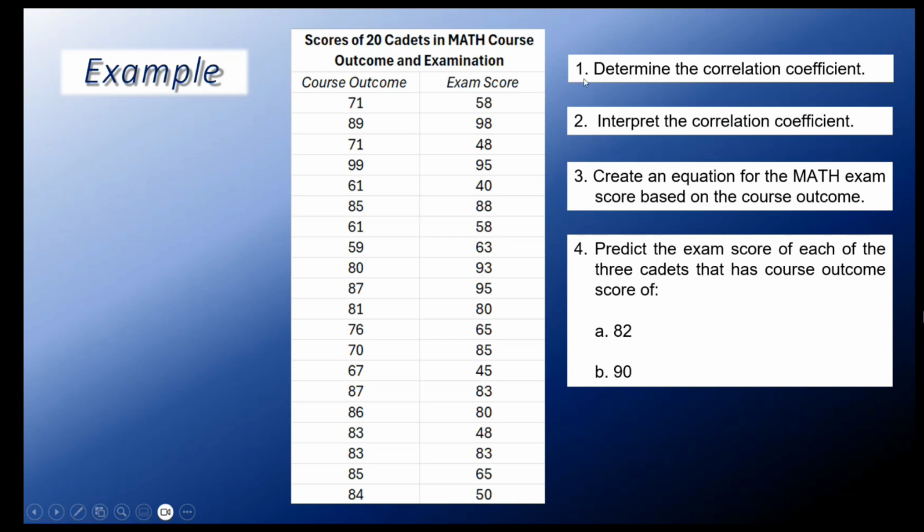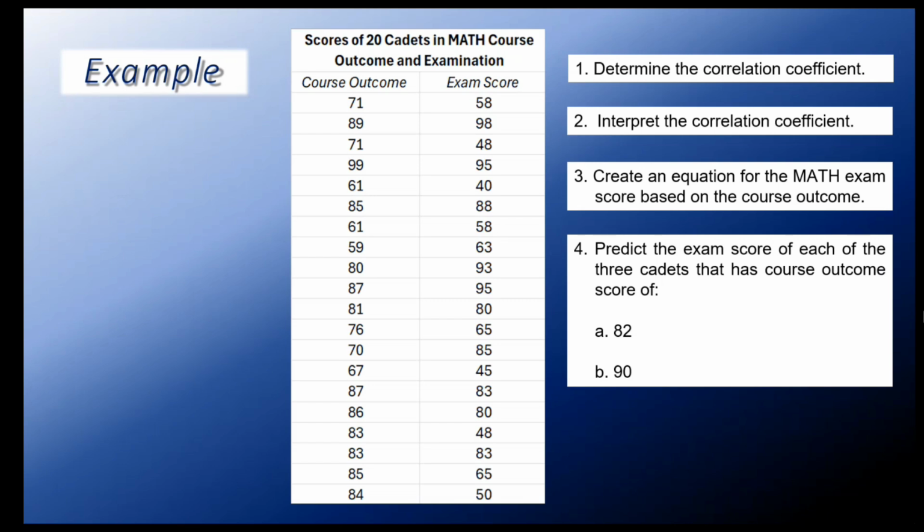So what are we going to do with this? The first one, we're going to determine the correlation coefficient, followed by interpreting it. If you can remember, we do have the table a while ago showing the coefficient and the corresponding interpretation, whether it is perfect negative correlation, high negative correlation, no correlation, so on and so forth, up to the positive correlation.